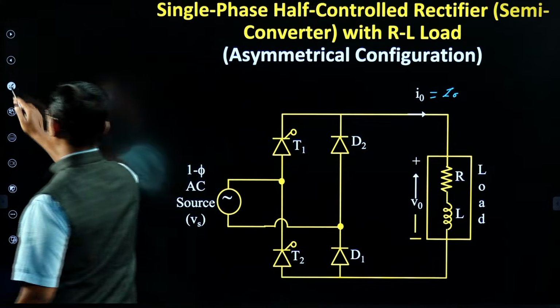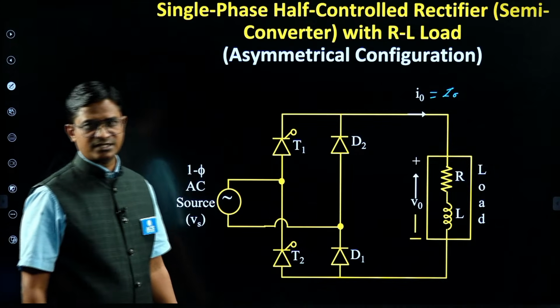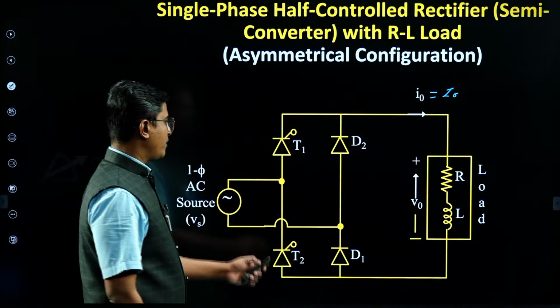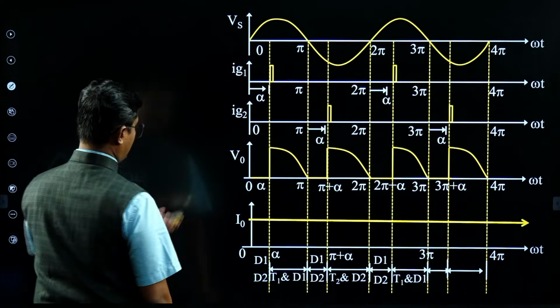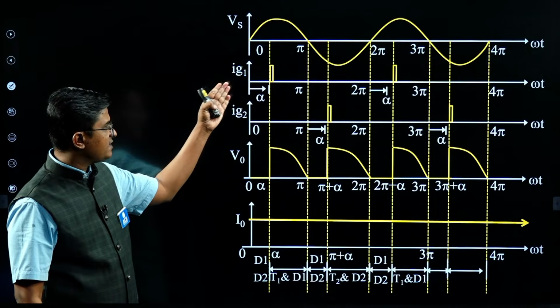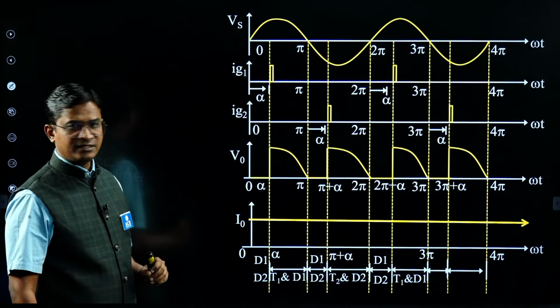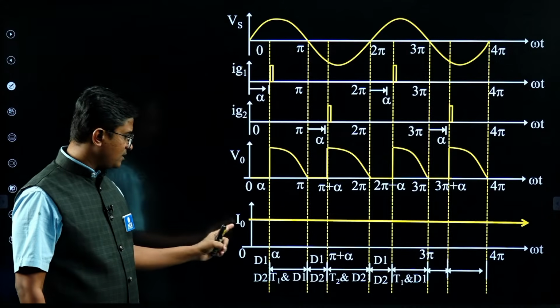Now tell me, in this circuit, what will be the conduction sequence of devices? This is my IG1, the gate signal to thyristor T1, and IG2, the gate signal to thyristor T2, with the load voltage and load current waveforms.